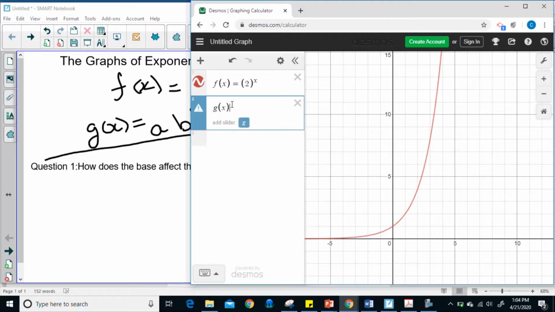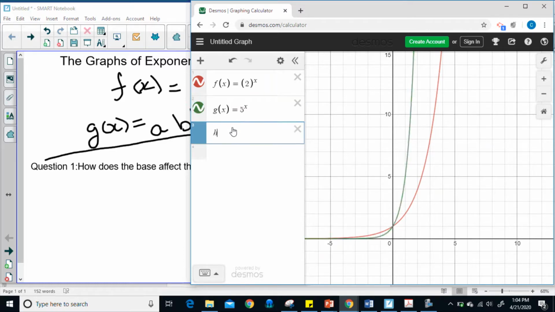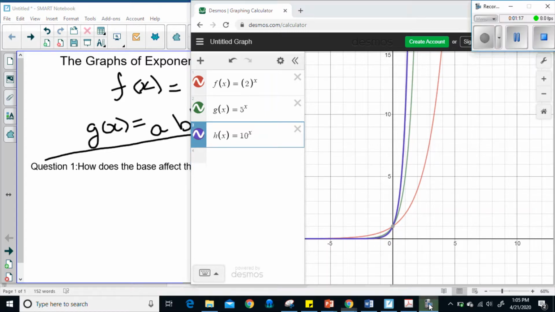If I have a base of 5 to the exponent x, well, it now looks like that. All right, let's go even bigger. Let's have a function where 10 is the base to the exponent x. Oh my goodness. So notice that as the base gets bigger, my graph gets steeper and steeper. So let's write that down.